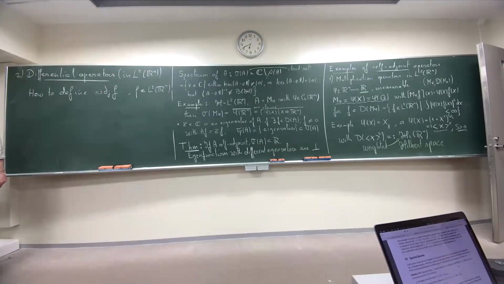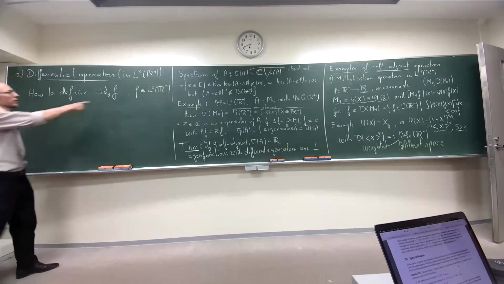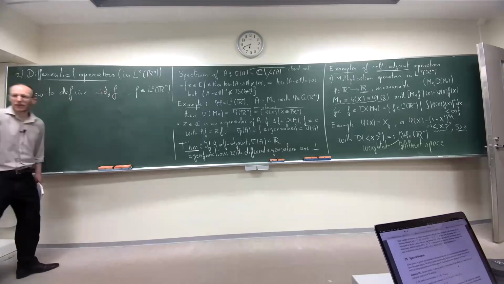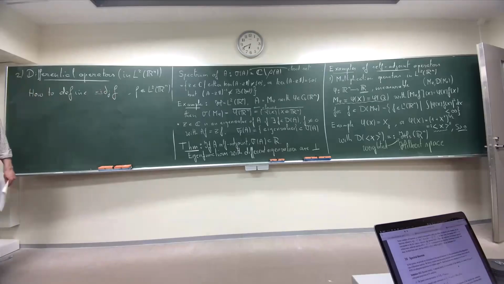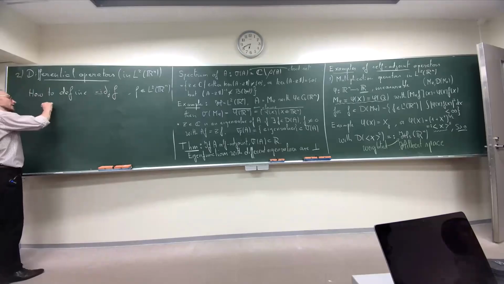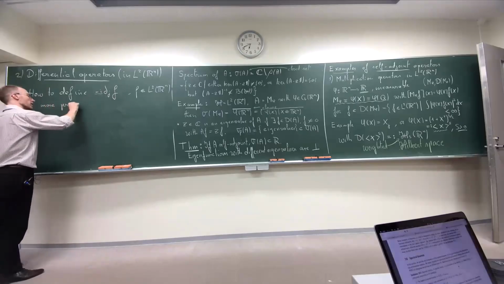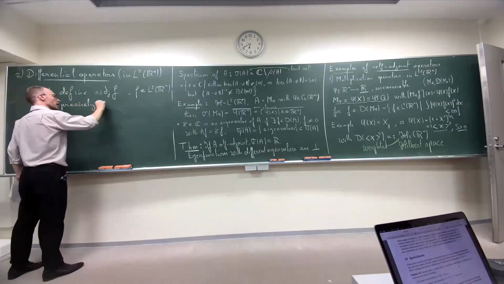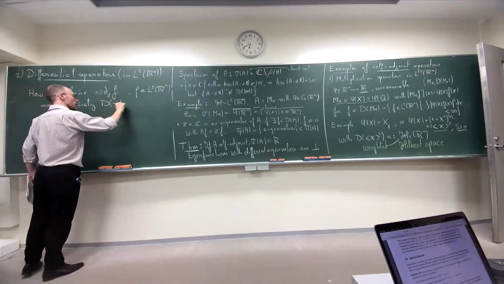Clearly it's going to be a linear operator, because if you take a linear combination, the derivative acts linearly. So it's a linear map, but the question is how to define more precisely the domain of this operator.